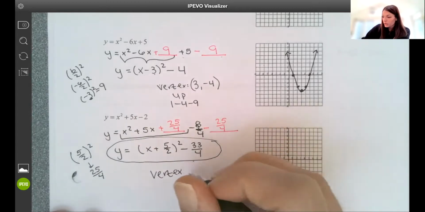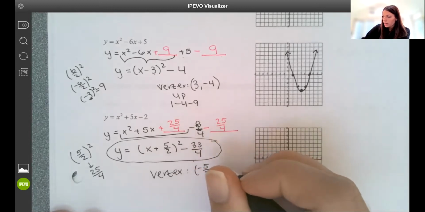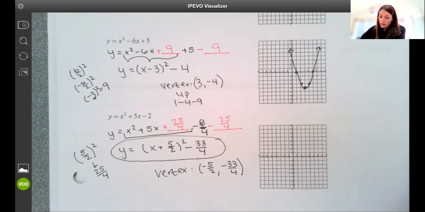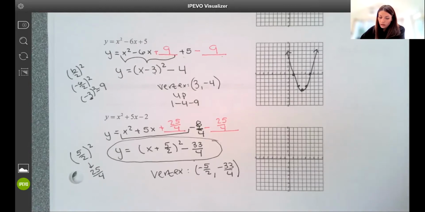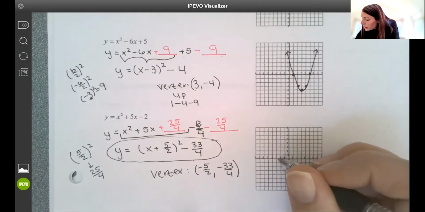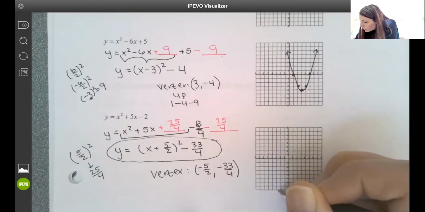Okay, my vertex is negative 5 halves and negative 33 fourths, which is negative 2.5, and negative 33 fourths is negative 8 1/4, which I think is a little bit off of my graph.